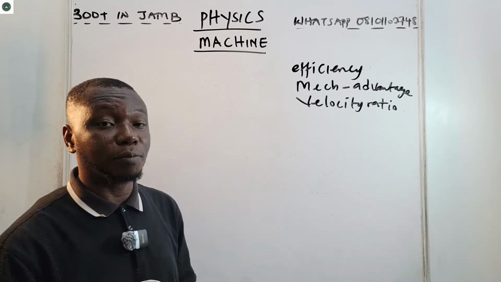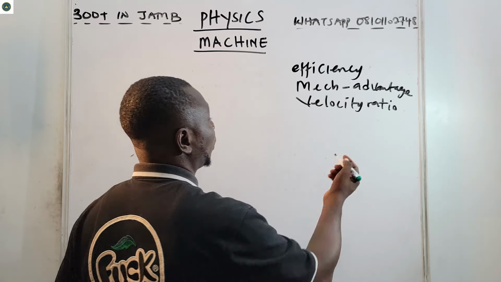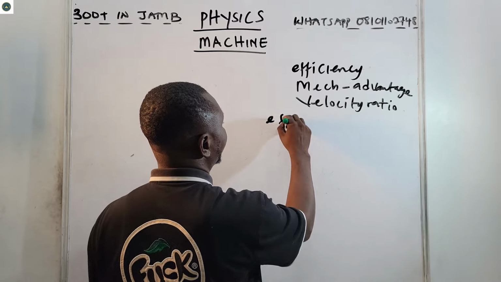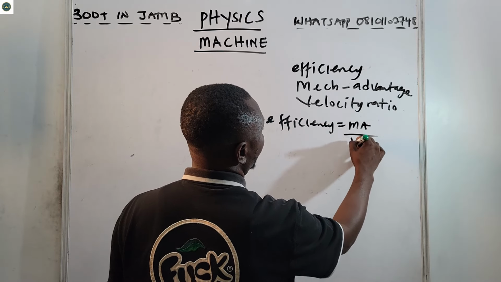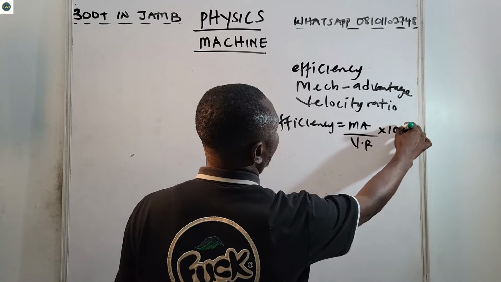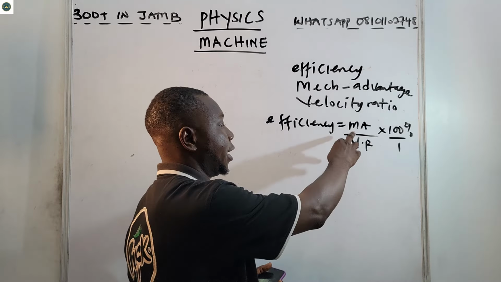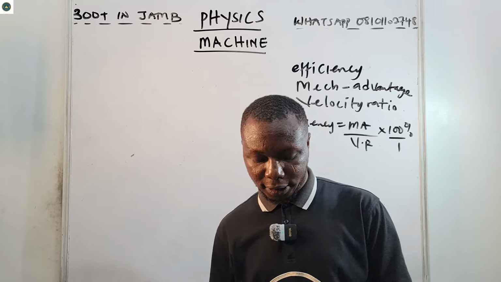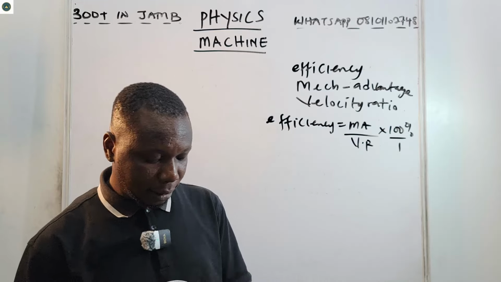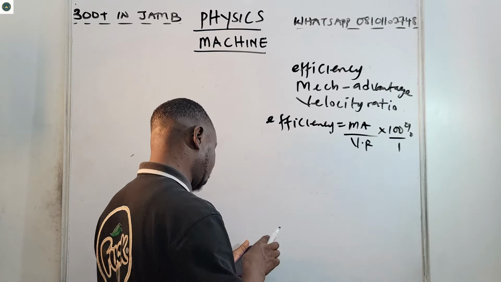Or we can say that efficiency is MA over VR times 100% over 1. What is MA? MA is mechanical advantage.